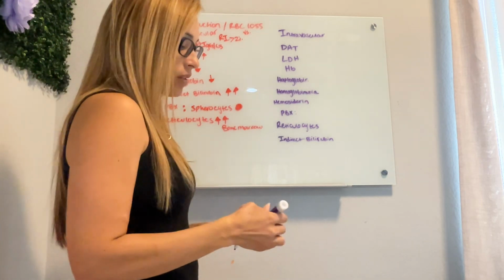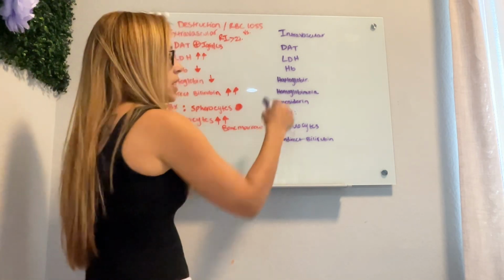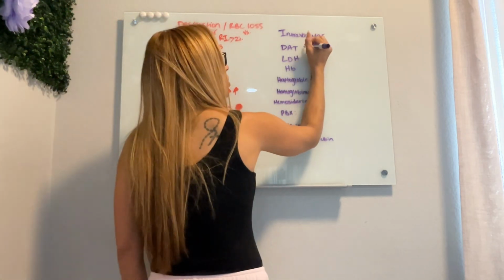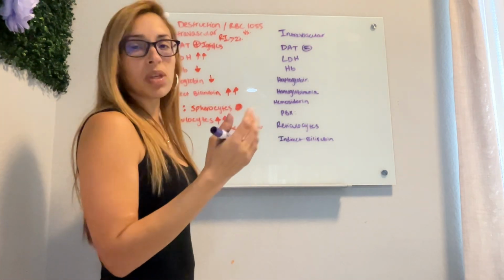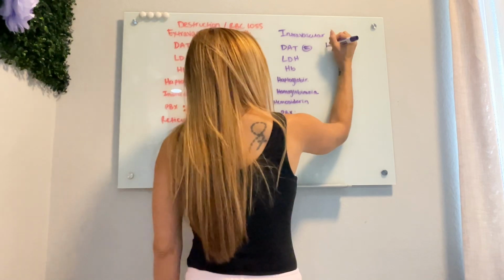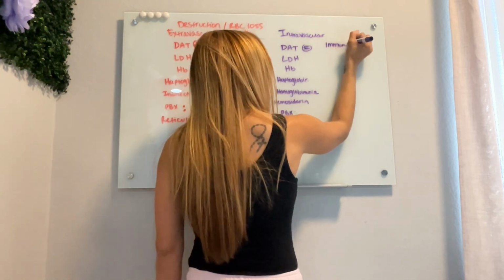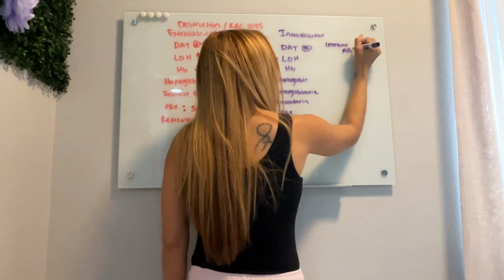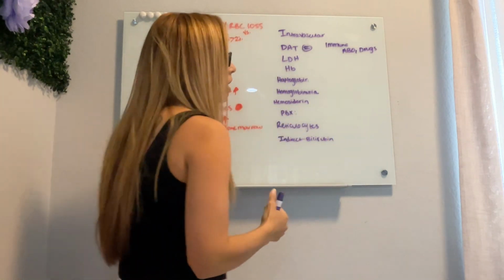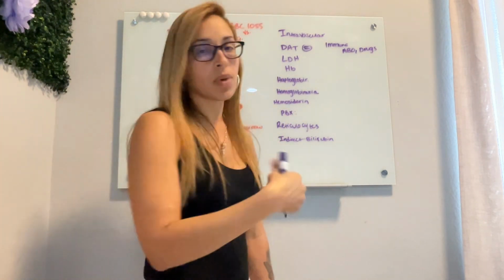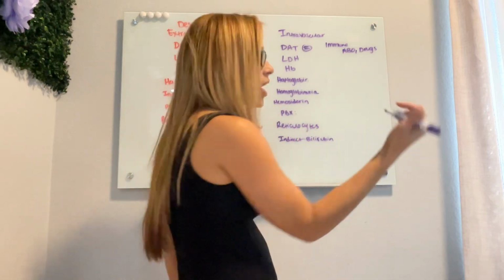And in intravascular hemolysis, our DAT most likely is going to be negative, unless it's positive because of immune causes. So when we're thinking about intravascular hemolysis, we can think of immune causes such as ABO and even drugs. Drugs can cause drug-induced immune hemolytic anemia, such as ceftriaxone.